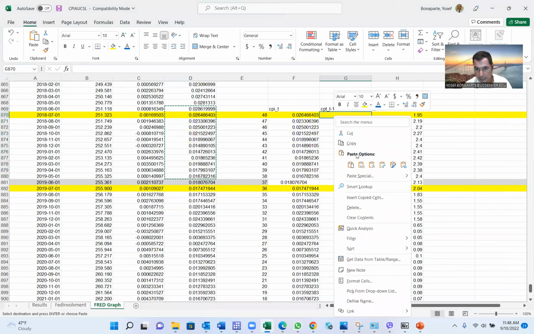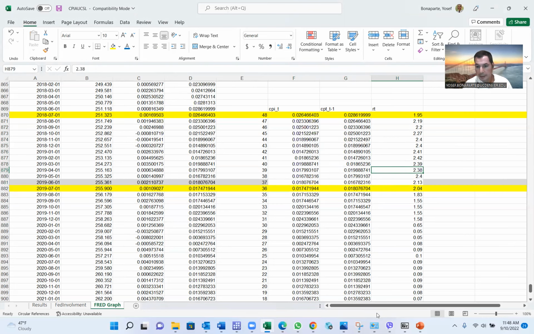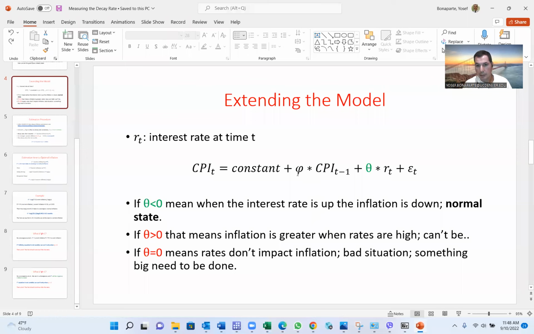And right click and with values. Good. And I want you to estimate the model, the phi and the theta, and gather your inference.